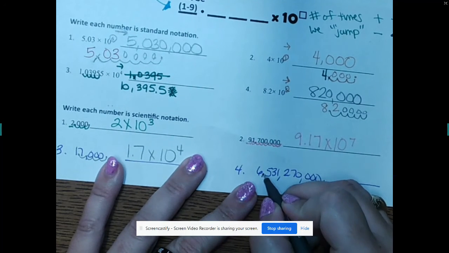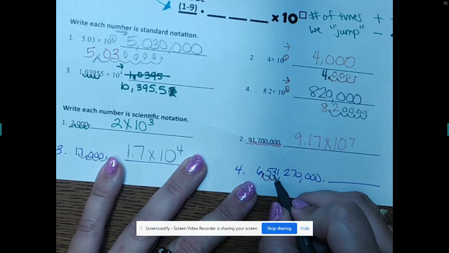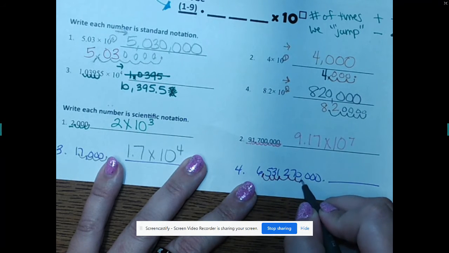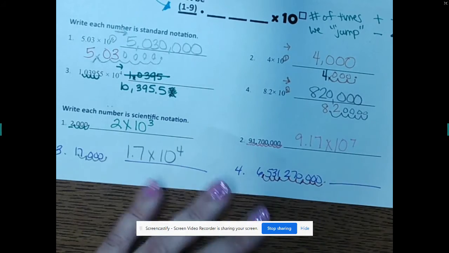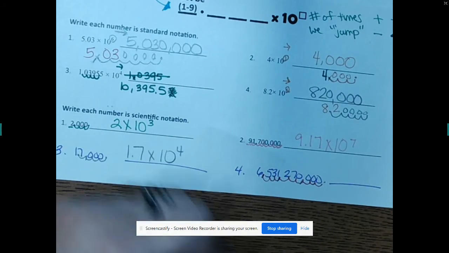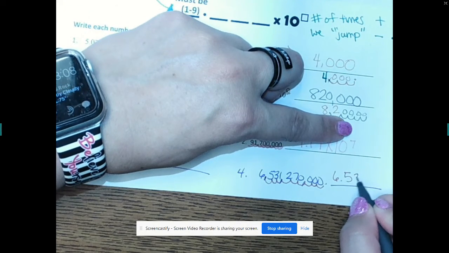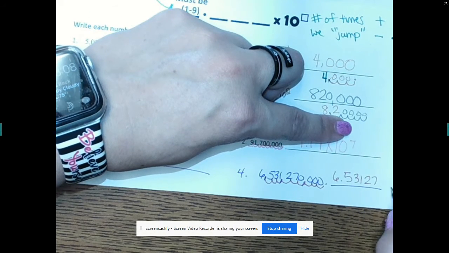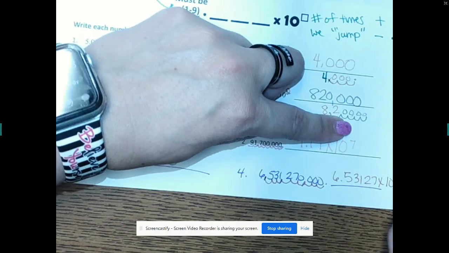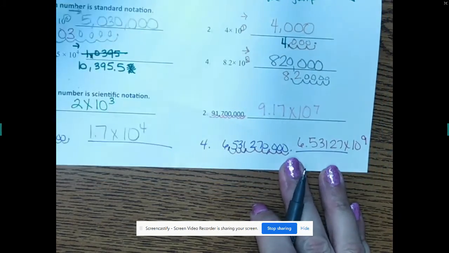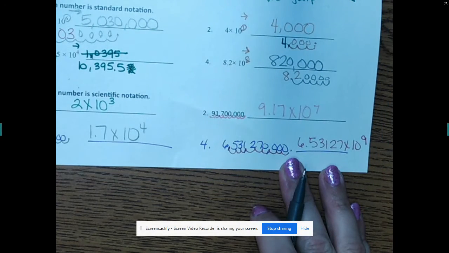So it's 6.53127 times 10 to the 9th power. So you have to write all those numbers, but then when it starts getting zeros, you stop. Okay? Everybody feel okay with that?